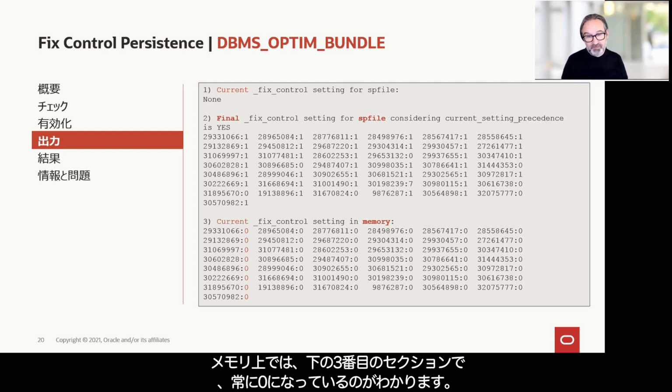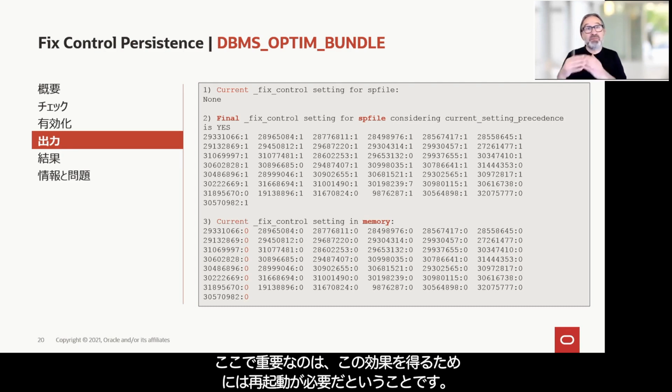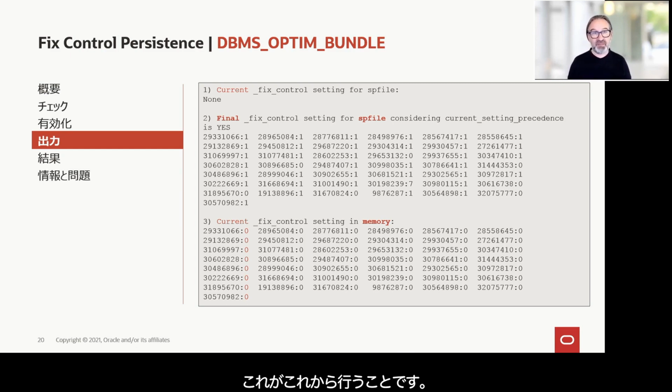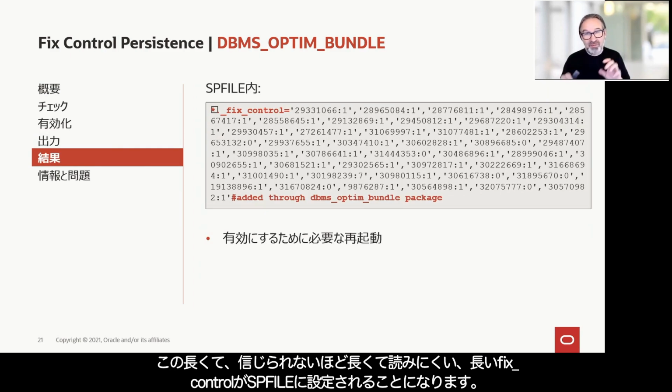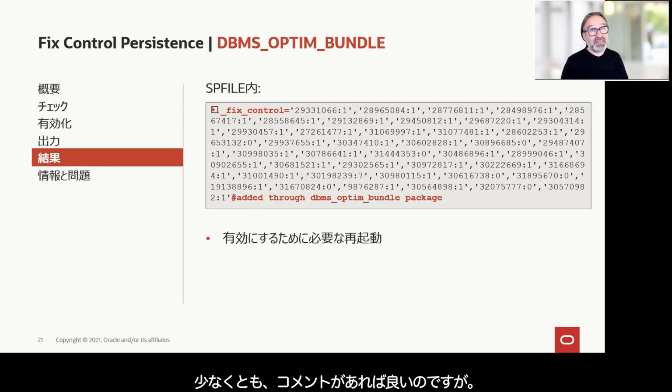In memory, below the third section, you see it's always 0 because nothing gets changed now in memory in my database right now. This is important to mention because we need a restart to take effect here. And this is what we'll do now. We will have this incredibly long and very hard to read fix control setting in the SPFILE after we used it, at least with a comment.